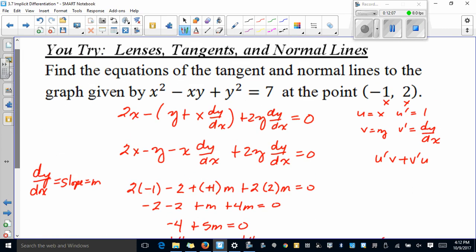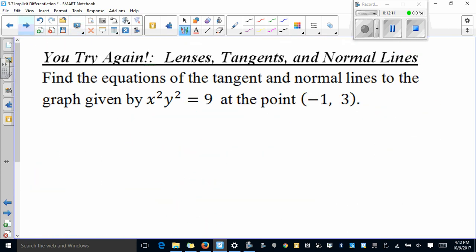Whew, and another one. At least we only have the one product to do. So if u equals x squared, u prime equals 2x. If v equals y squared, then v prime equals 2y dy/dx. u prime v plus v prime u.